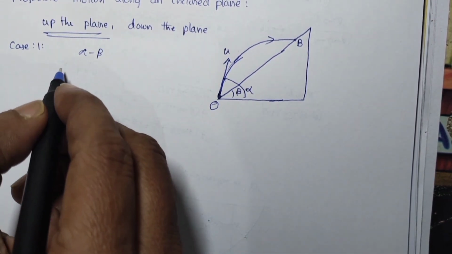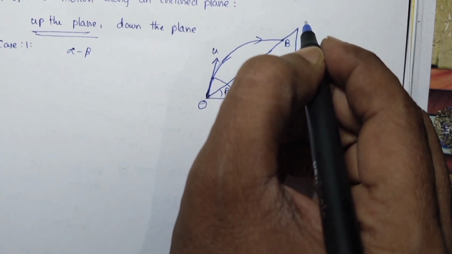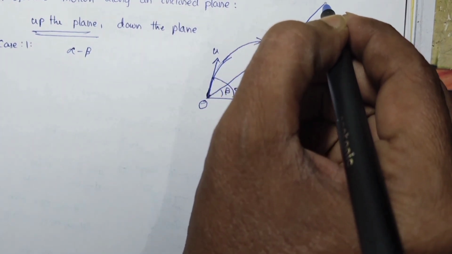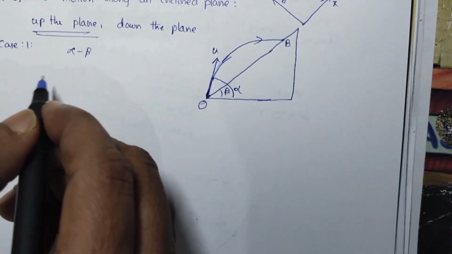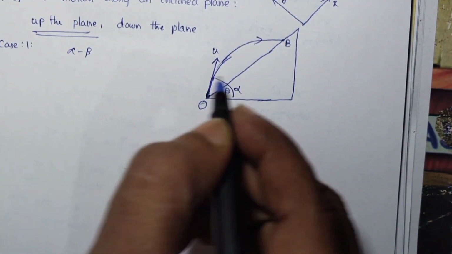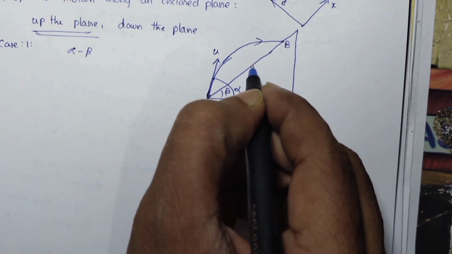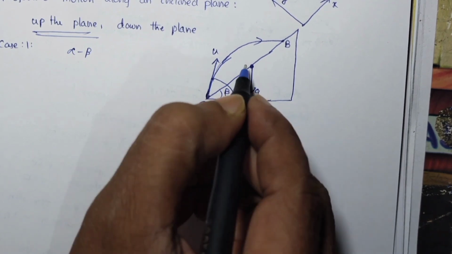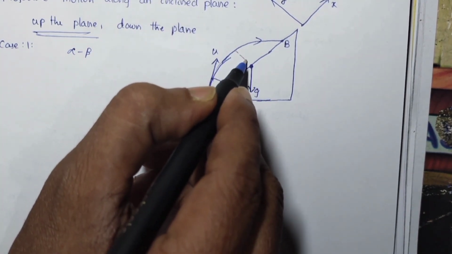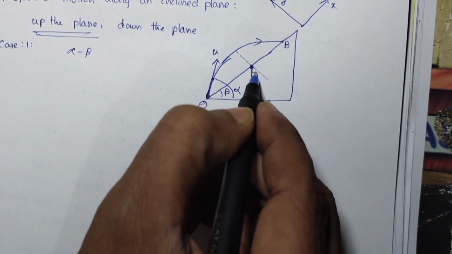On the inclined plane direction, let us take an x-axis in this direction and a y-axis perpendicular to it. Gravity is working downwards in this direction, g, and the perpendicular makes an angle beta.